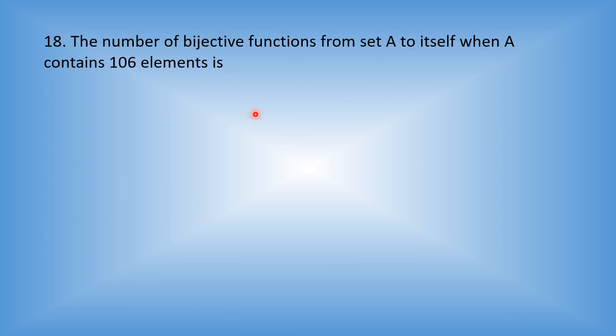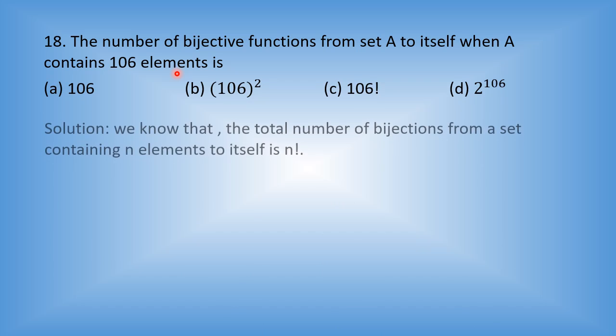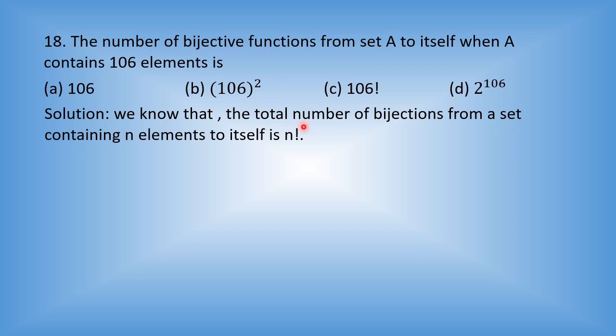The next one is the number of bijective functions from set A to itself when A contains 106 elements. These are the options. We have to check which one will be the number of bijective functions. So we know that the total number of bijective functions or bijections from a set containing n elements to itself is n factorial.